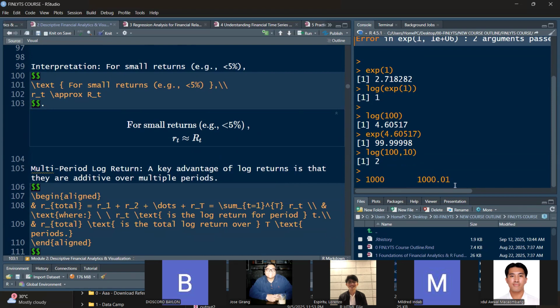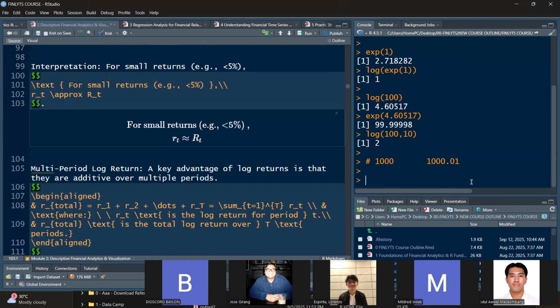So you have this asset. Yesterday, the price was 1,000. Now the price is 1,000.01. So the increase is only 1 centavo. Let's compute for the returns.